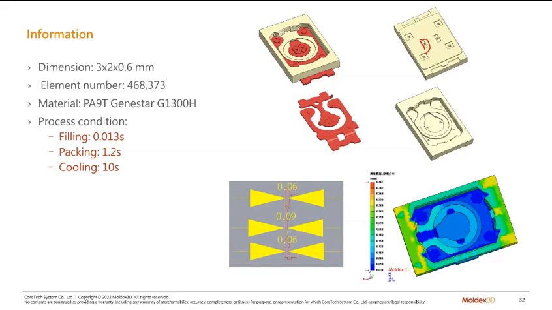And before we run a simulation, we can imagine that when the material passes these features, it will cool down very fast, and it might have very bad weld line quality when the melt front passes these features, because there's a hole in the middle here, so it must create a weld line around these pins. It depends on the flow directions, but yeah, we can imagine for sure there are weld lines.